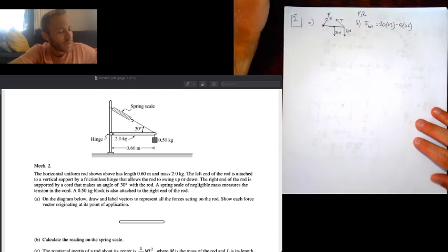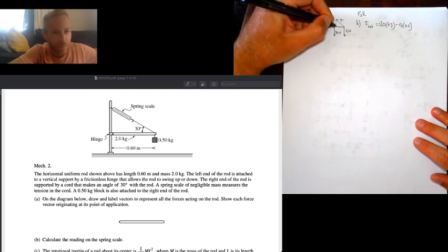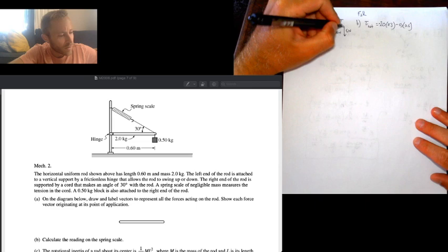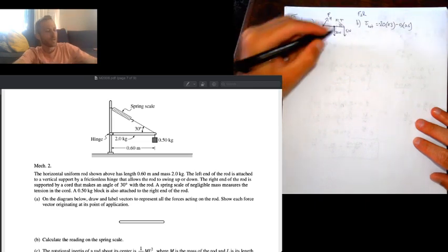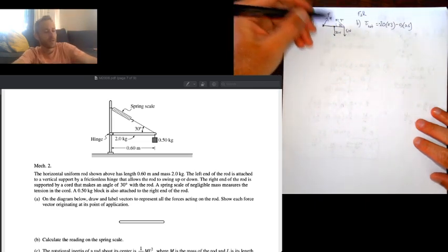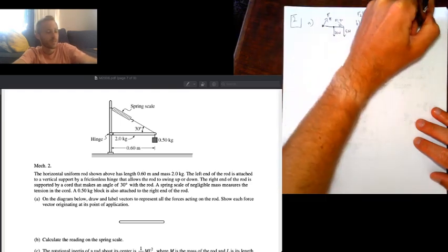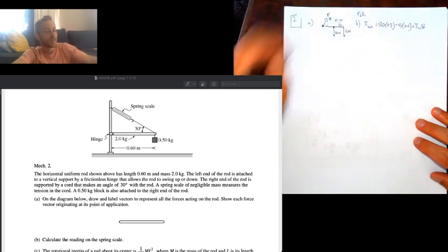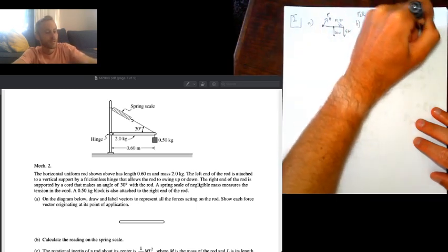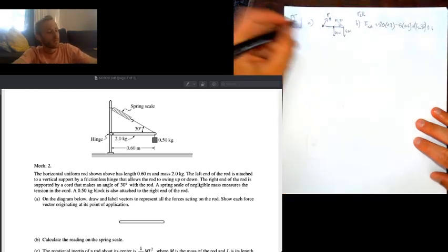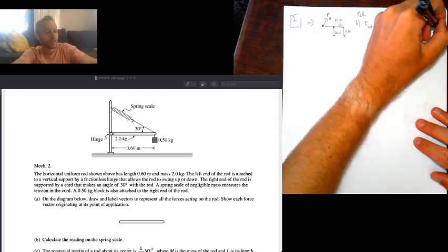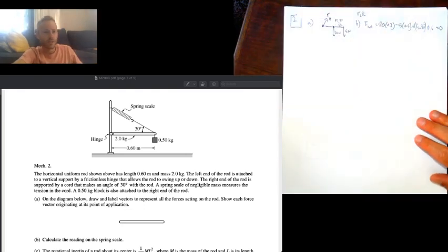And then the tension, this is a 30-degree angle. So the perpendicular component would be this side, which would be T sine of 30 degrees times 0.6. So the net torque is 0 because the rod is not rotating.